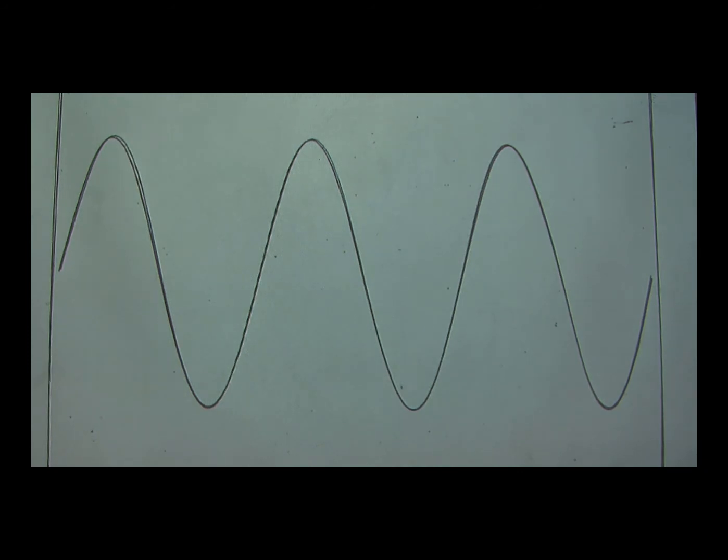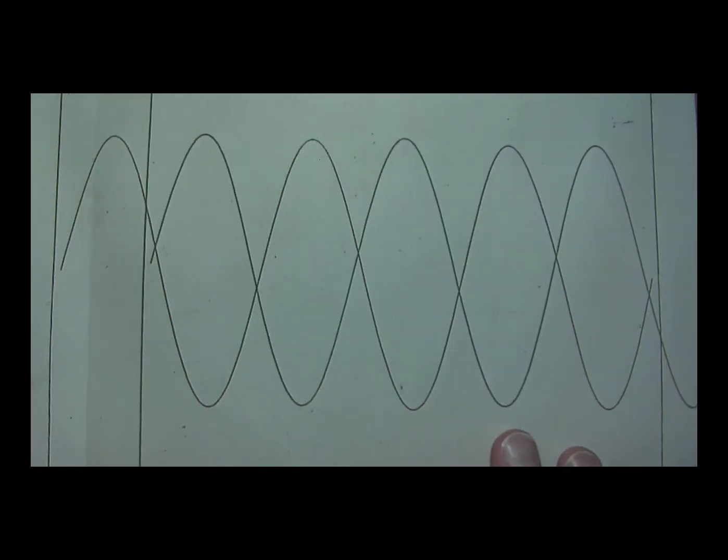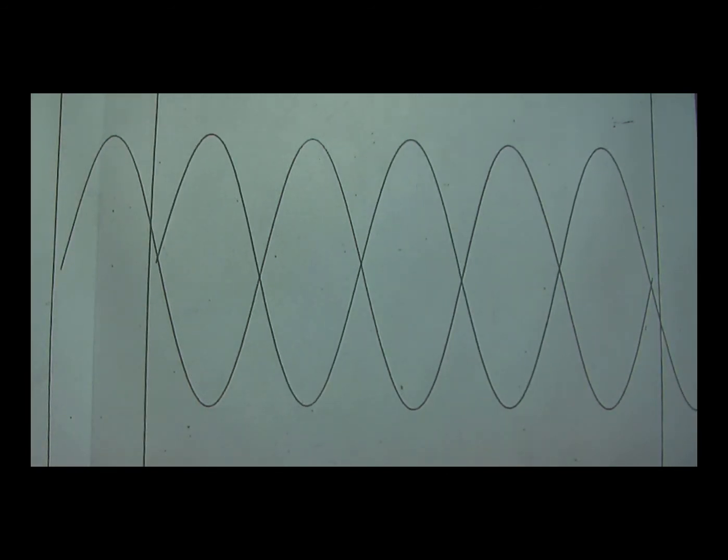In other words, they will interfere constructively. What if one of the rays has to travel an additional distance of half a wavelength? Well, if one wave moves half a wavelength more than the other wave, they will end up out of phase, and we will get destructive interference.